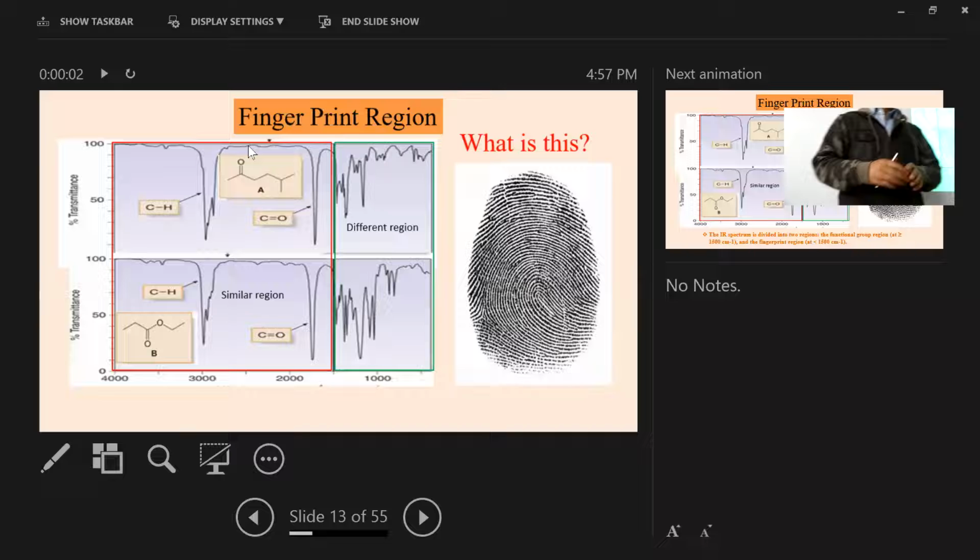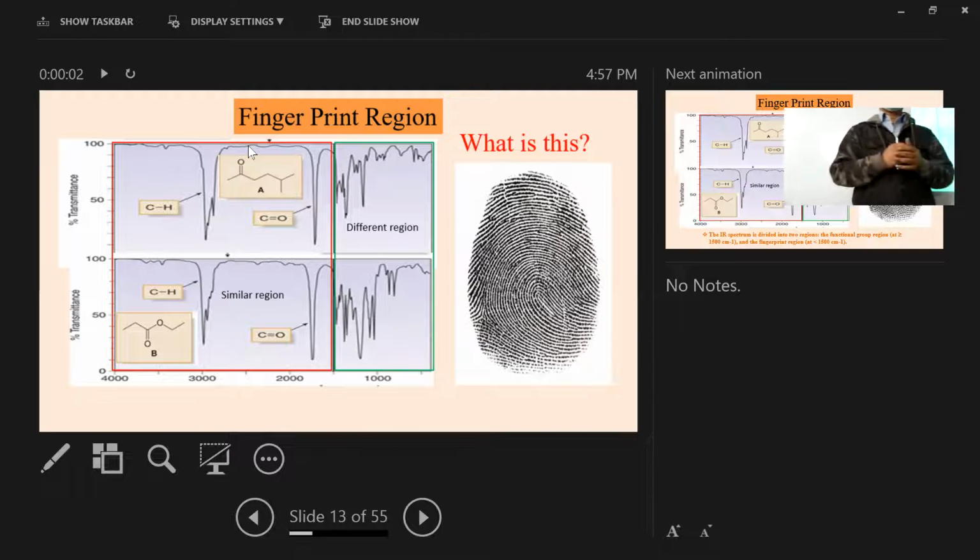So actually, what is the purpose of performing infrared spectroscopy? First of all, we will try to find out which family the molecule belongs to. That means which compound, either alcohol, alkene, alkyne, or aldehyde, ketone, whatever the functional group.